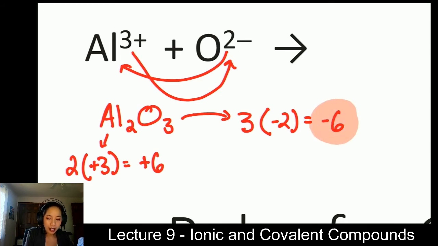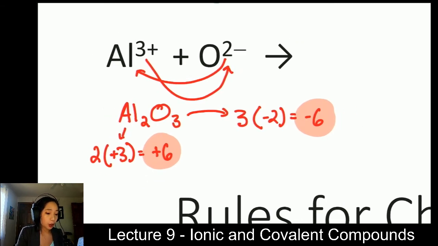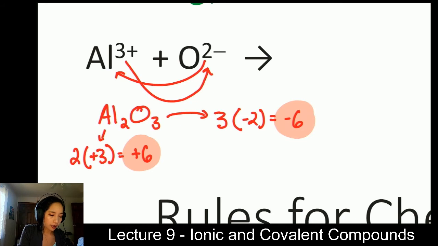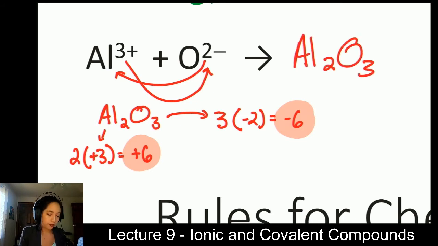So you see all the anions cancel out all of the charge of the cations. That is a neat way to check your work for determining chemical formulas from ionic species. So our answer here is Al2O3.